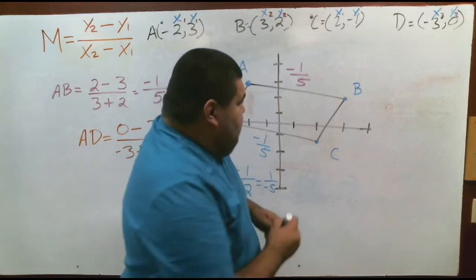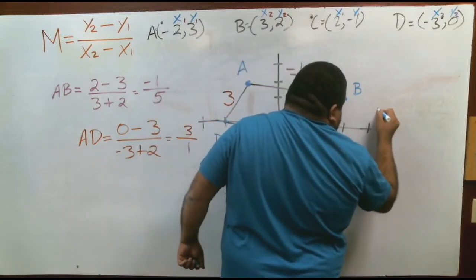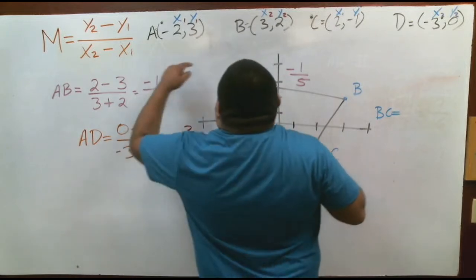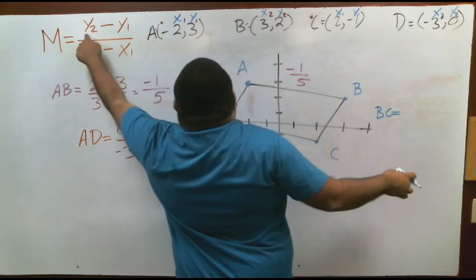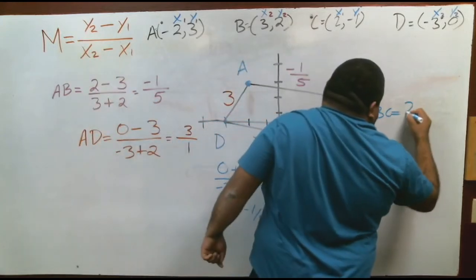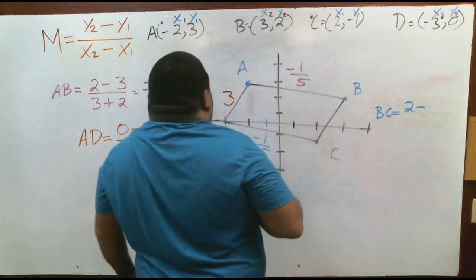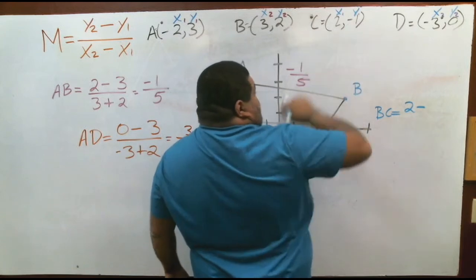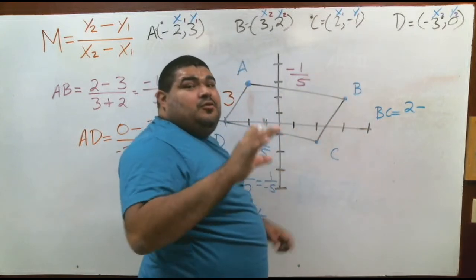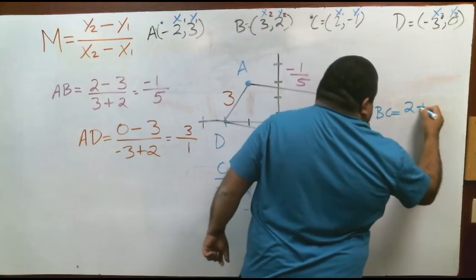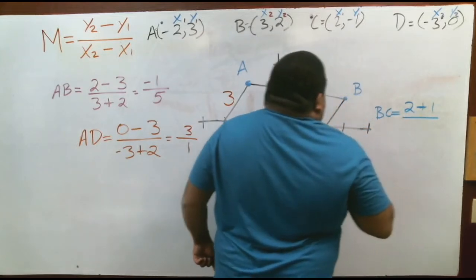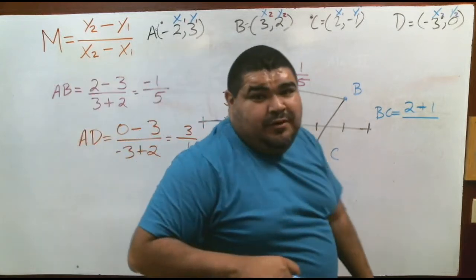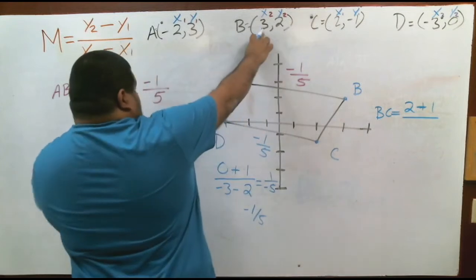All right, so we have BC equals, again, y2, which in this case is 2, minus y1, which if you remember, y1 is negative 1. Since 2 negatives make it positive, we have plus 1 over x2, which in this case is 3, right?